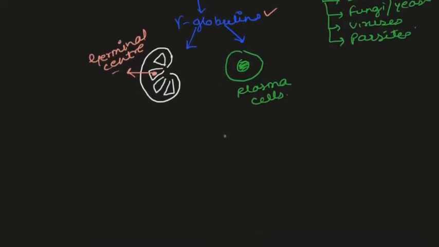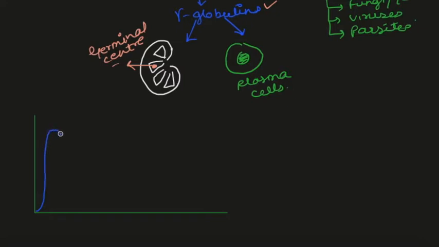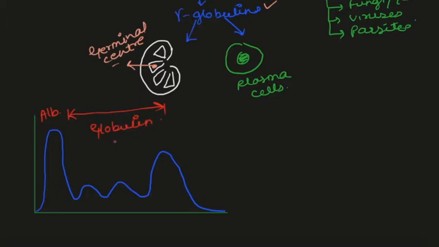Okay, and if we talk about the serum concentration, if we electrophorese the serum sample, the very first and maximum peak will be obtained for the albumin region, whereas the region from here to here belongs to the globulin. The globulin region comprises three zones: alpha, beta and gamma.